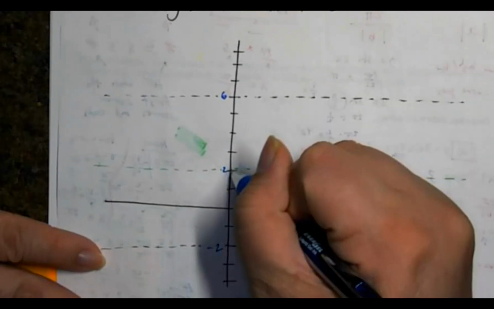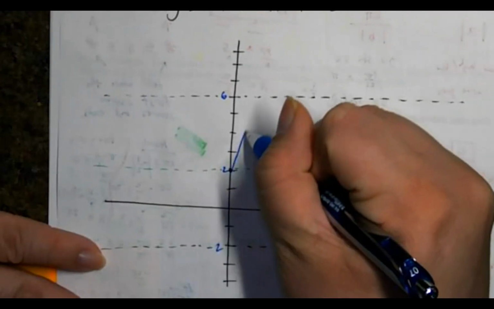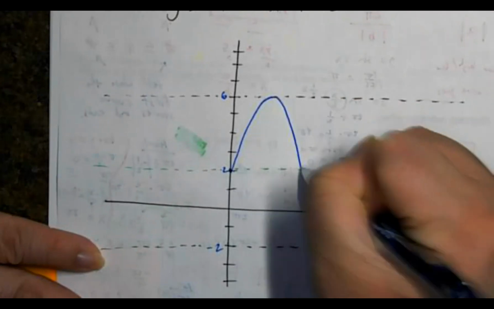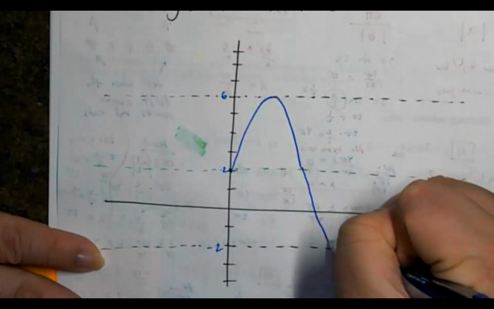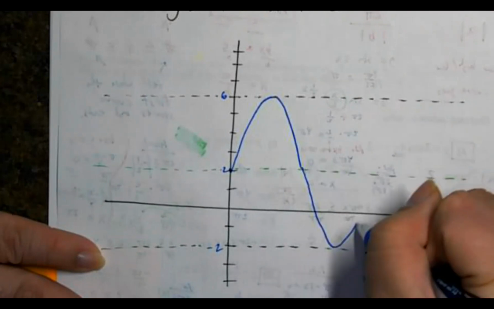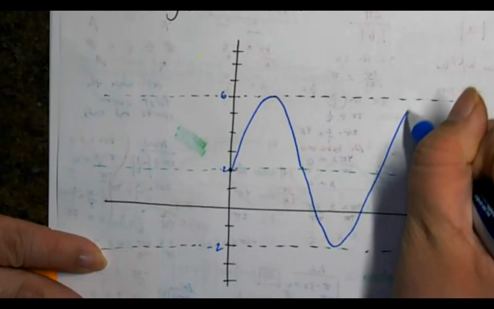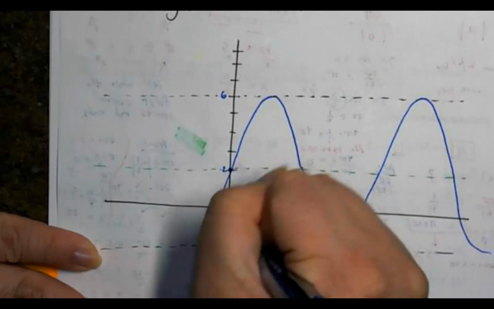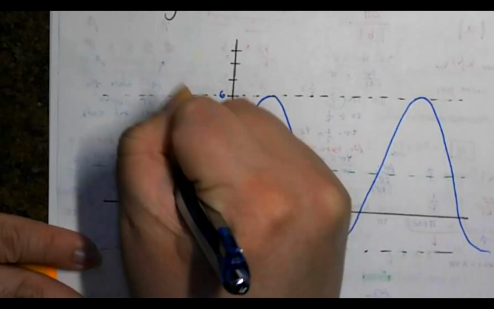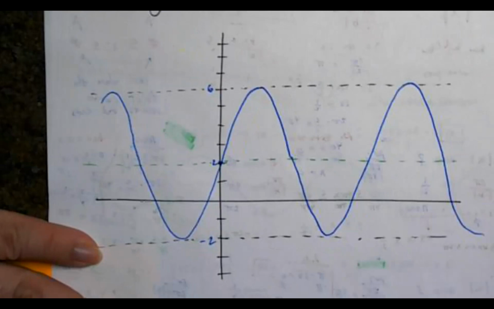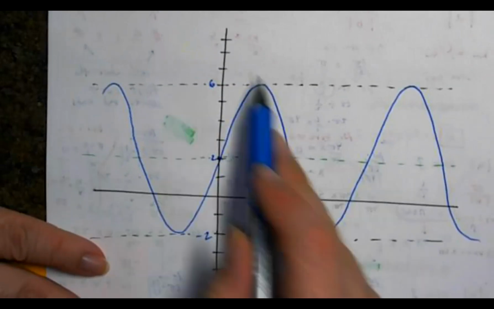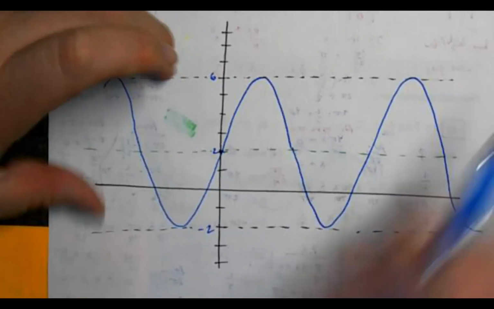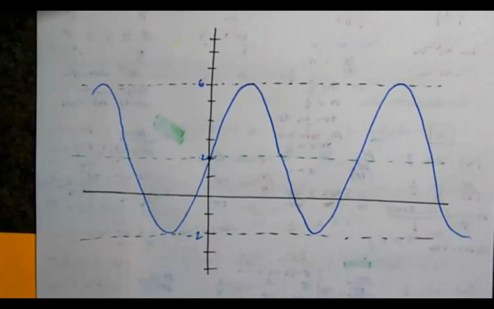So as I start here for the sine, I would go up to a maximum of 6, down to that 0, to the minimum of -2, back, and then the curve would just keep on going. It would oscillate in that manner. Okay, and you notice with those broken lines, I know exactly where to start and where to stop. If I didn't have those, I would probably have really tall curves on one side and really short ones on the other side. It just wouldn't look right.